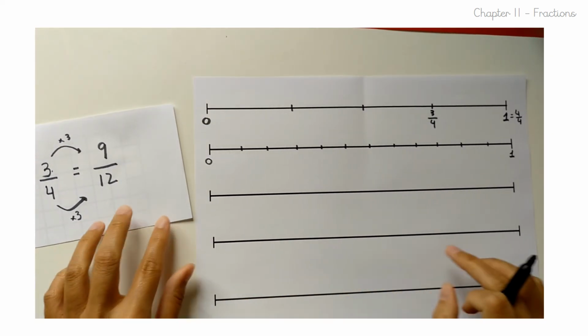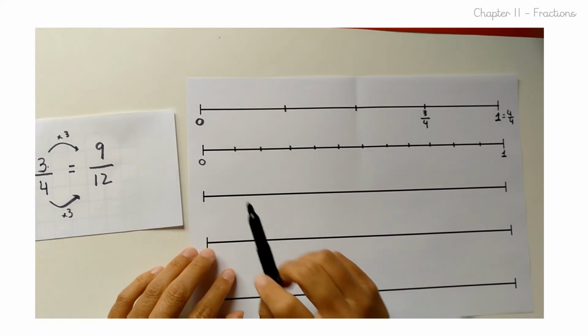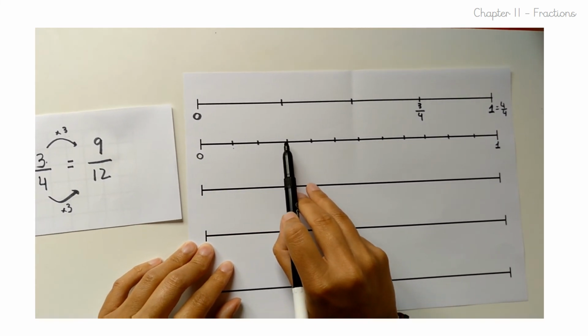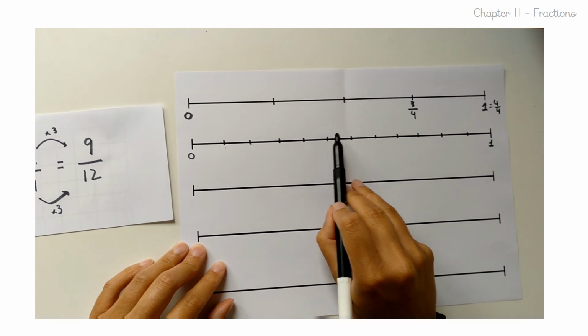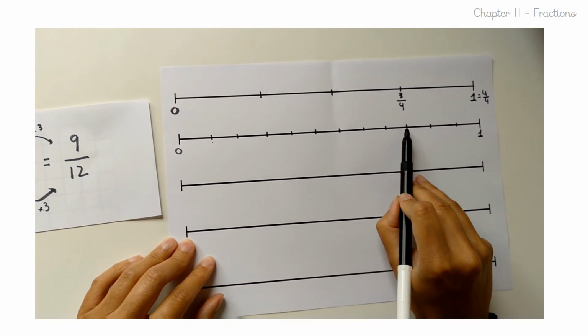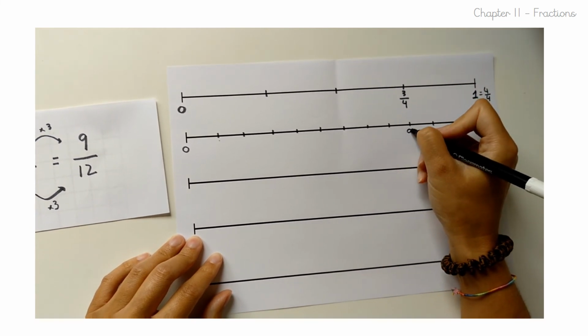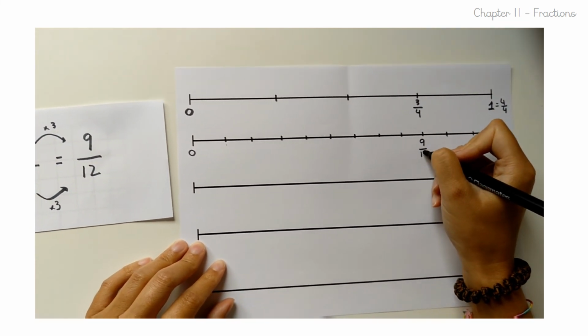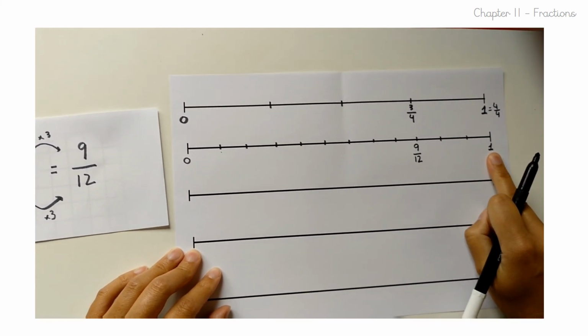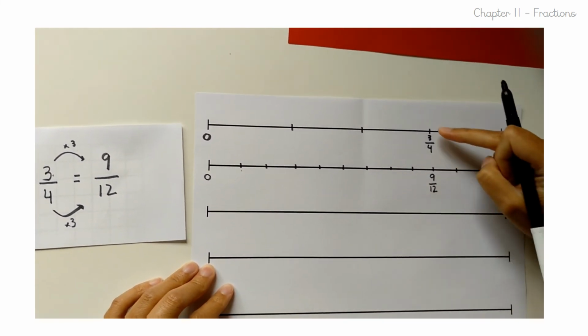So let's count 9/12 in our number line and write it down. 1, 2/12, 3, 4, 5, 6/12, 7, 8, 9/12. So I'm just going to write here 9/12. That will be 10, 11, and our whole will be 12 out of 12.